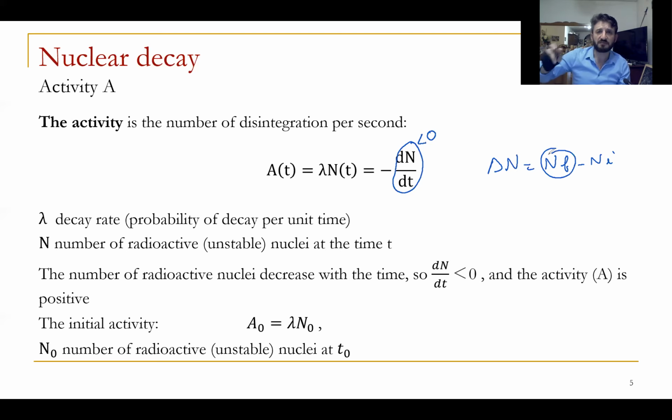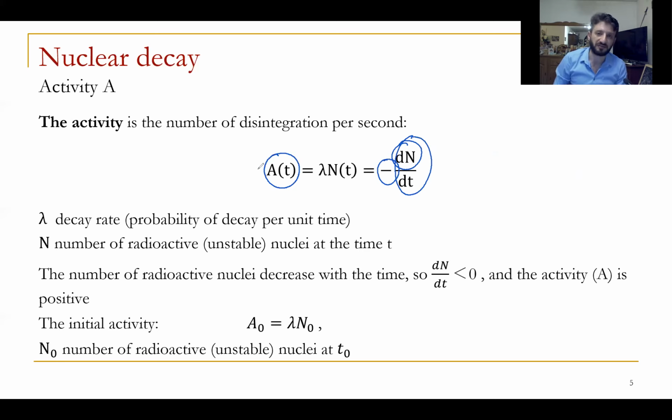At a certain time, the number of unstable elements is reduced, so N final is less than N initial, and delta N is negative. So the change of the number of unstable elements must be negative. We put a negative sign here to get a positive value of activity.